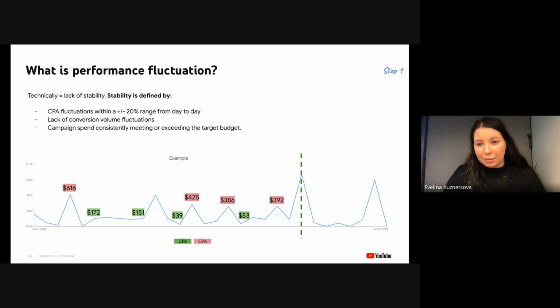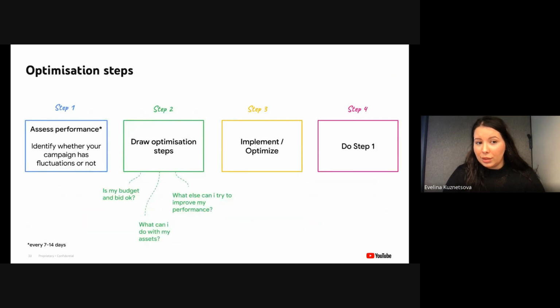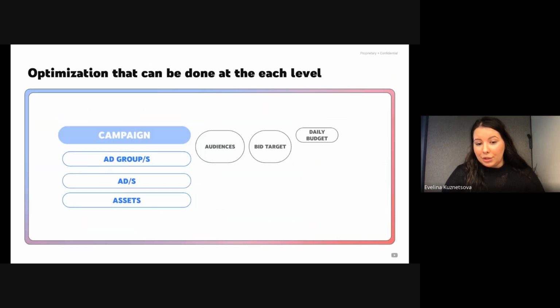We're just looking at this from the CPA perspective. So this campaign is struggling and something needs to be done. If you see big fluctuations, if it's not stable, if it's not meeting or exceeding the daily budget, then something needs to be done. And what needs to be done is exactly the optimization steps that we've just talked about.